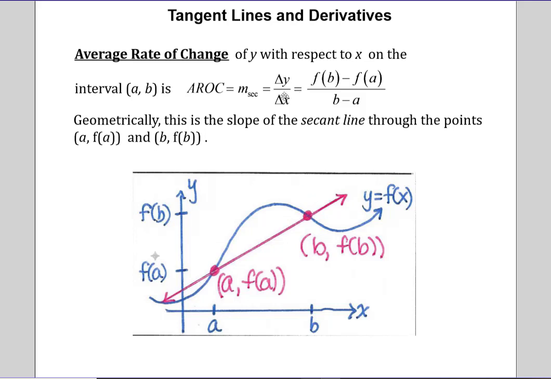It's the change in y divided by the change in x, and you can recognize that as the slope formula: f of b minus f of a, divided by b minus a. Geometrically, that's the slope of this secant line, and here's a sketch of the visual representation for average rate of change.